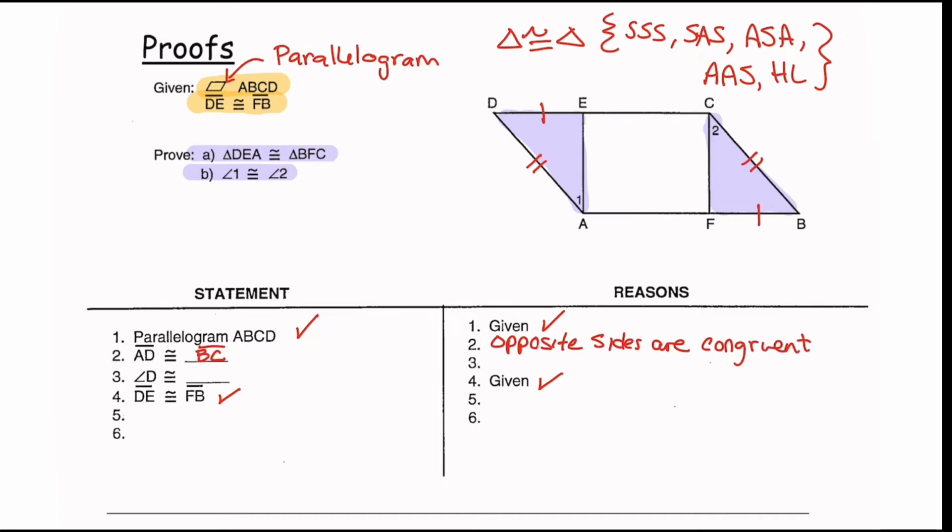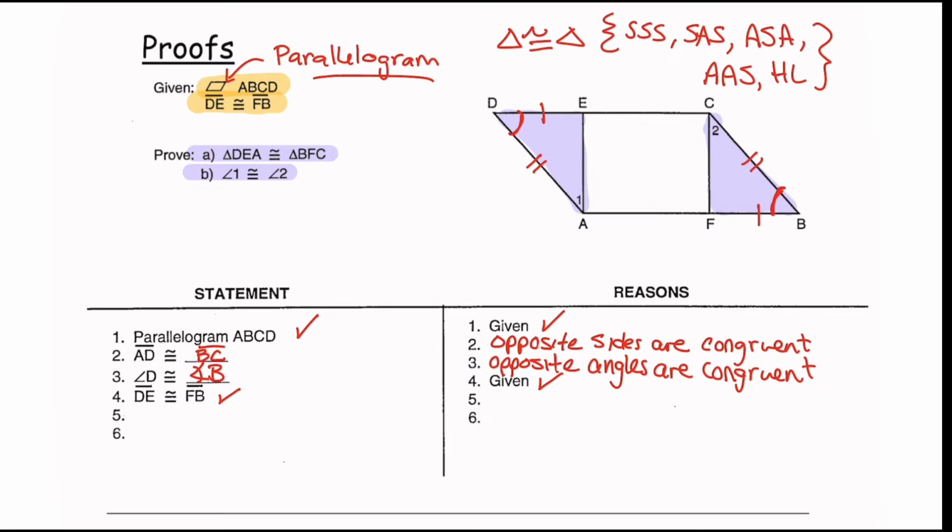Next, angle D, right here, is congruent to some other angle. We know that's going to be angle B, and so the reasoning that we would state for that is that opposite angles are congruent in a parallelogram. Bam. Number 5, we have to figure out what other statement we need here.